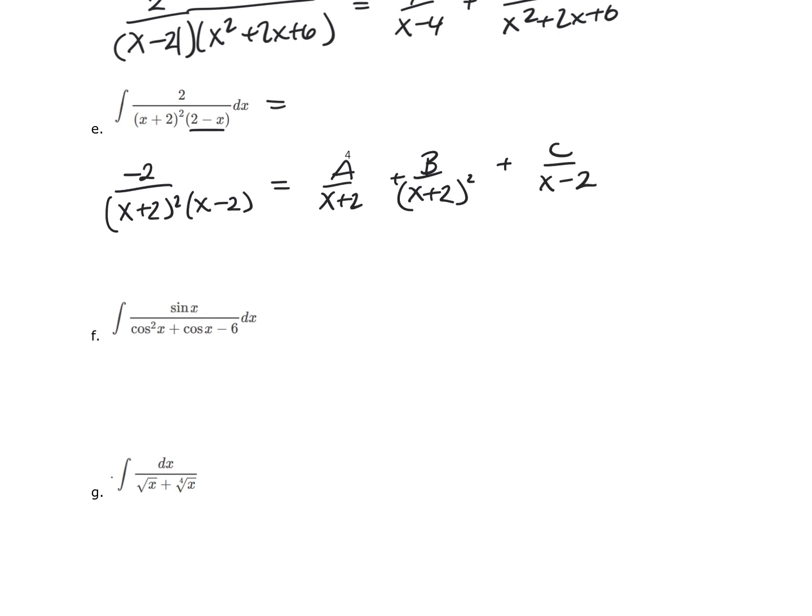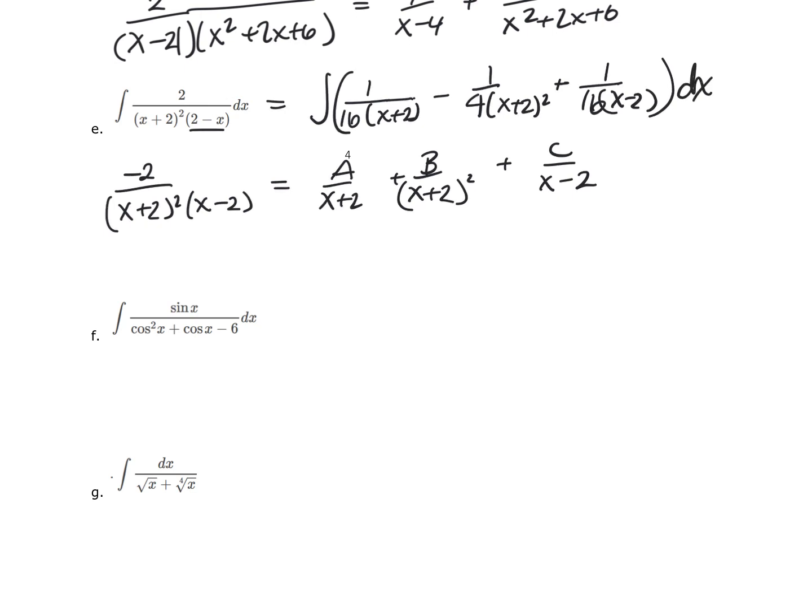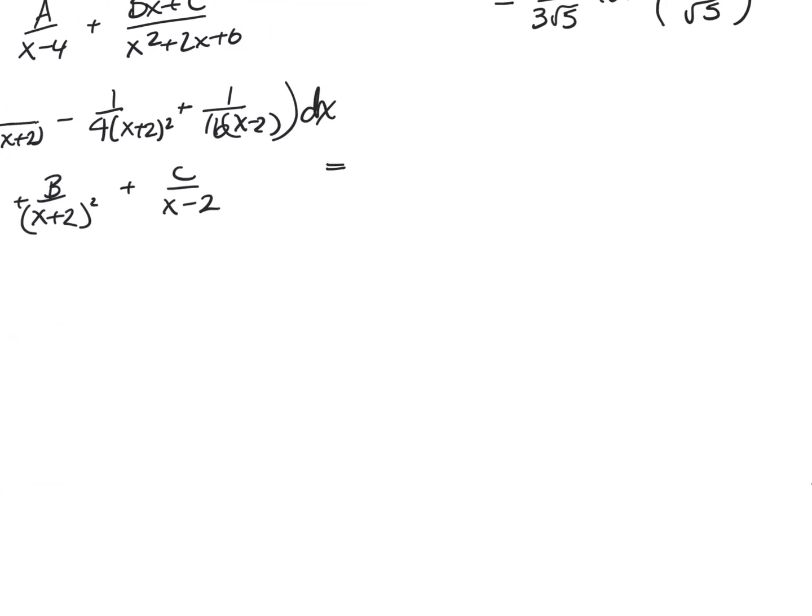When I do this integration, I'm going to end up with the integral of 1 over 16 (x plus 2), and then minus 1 over 4 (x plus 2) quantity squared, and then plus 1 over 16 (x minus 2) dx.